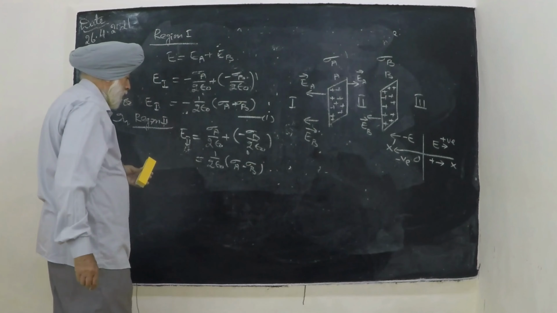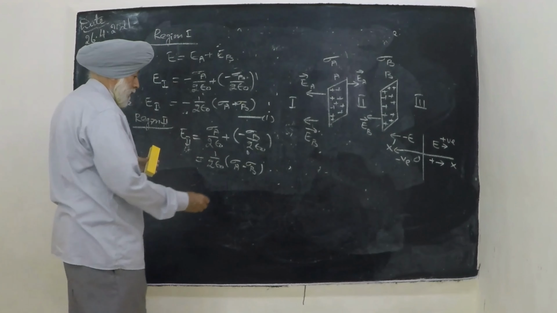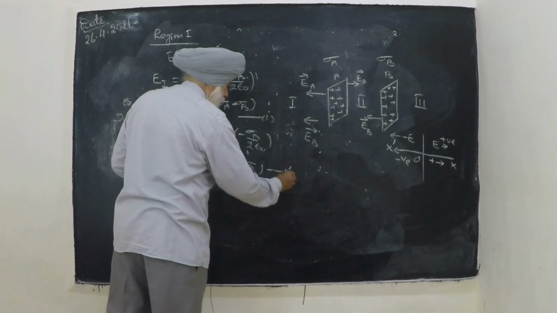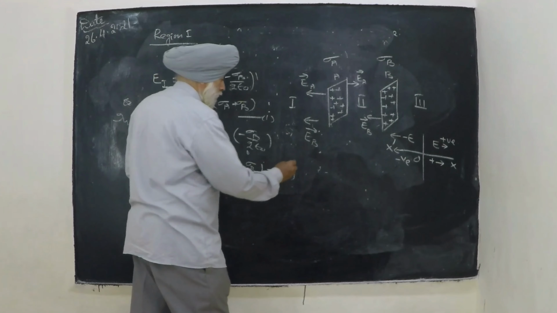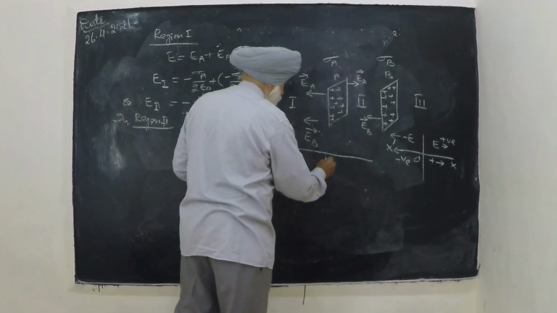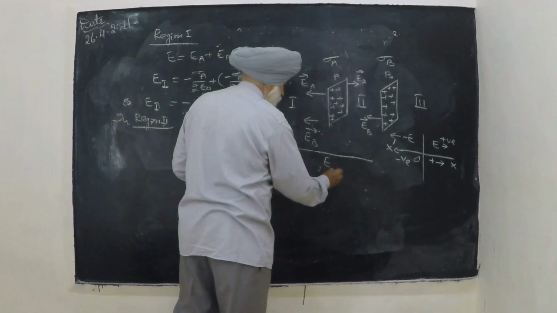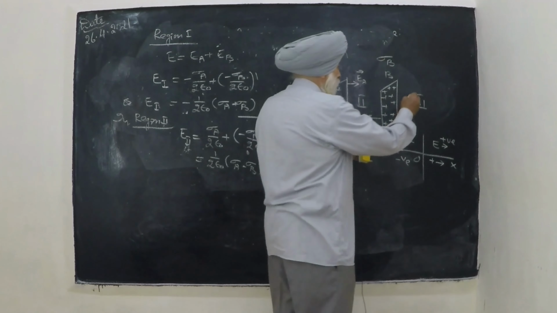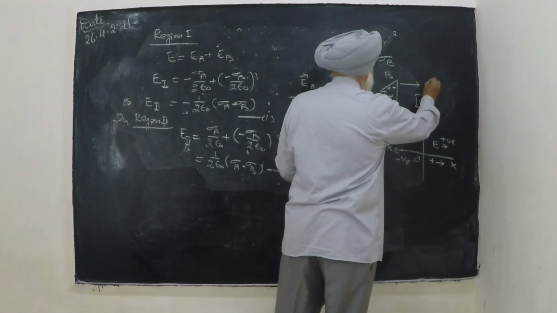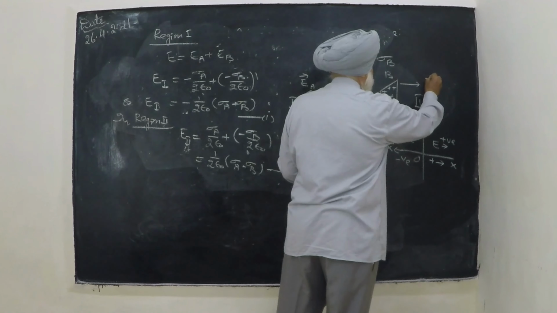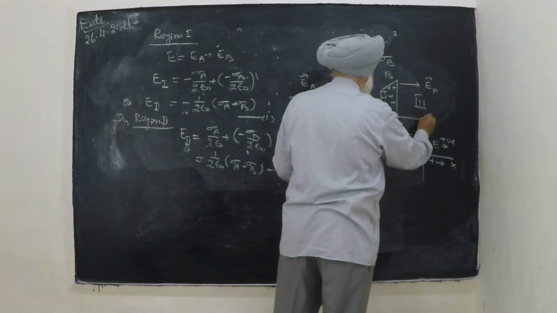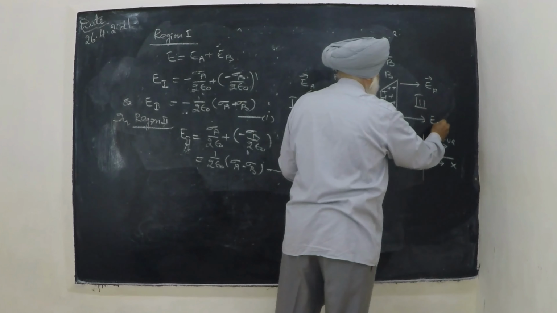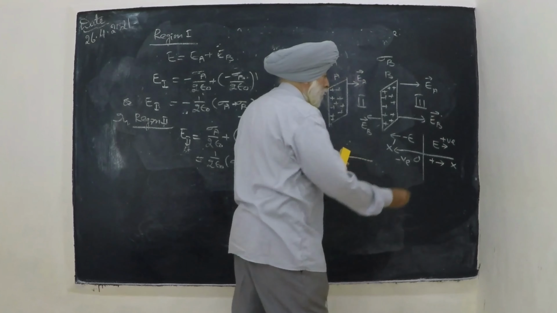And what will happen in region number 3? In region 3, that is towards the right of both the plates, the electric field intensity produced by both is from left to right. Both are positive.